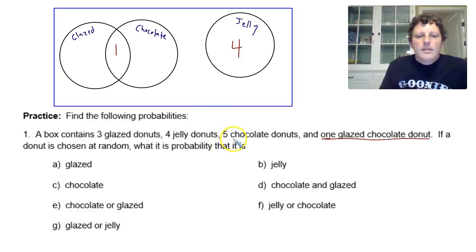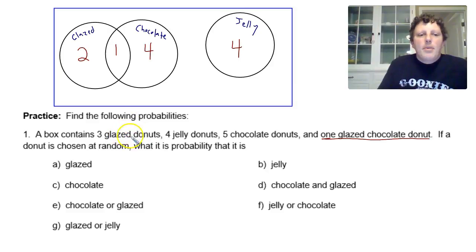Of the 5 chocolate donuts, 1 of them is also glazed. So 5 minus 1 is 4. Of the 3 glazed donuts, 1 of them is also chocolate. So 3 minus 1 is 2.